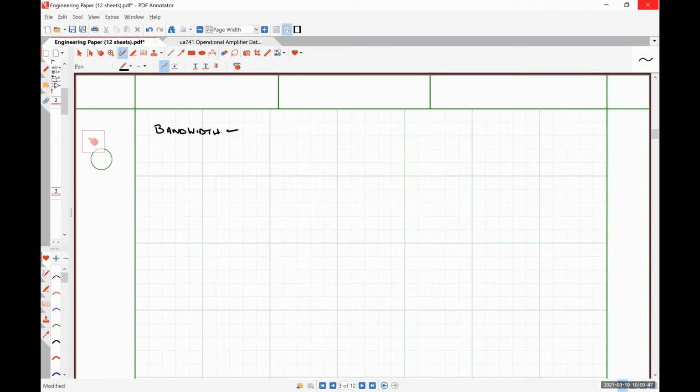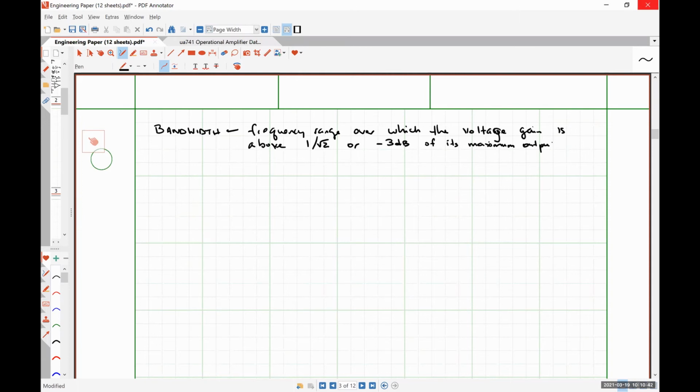So bandwidth is the frequency range over which the voltage gain is above 1 over the square root of 2 if we are working in units of volts per volt, or -3 decibels if we're looking at a Bode plot or something on the decibel scale of its maximum output value.